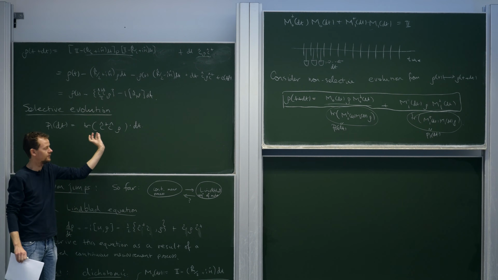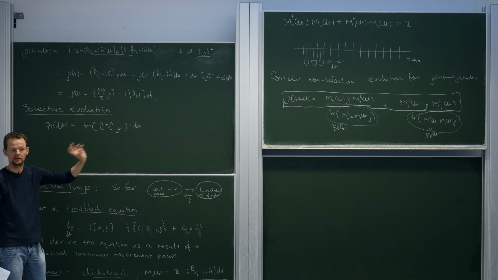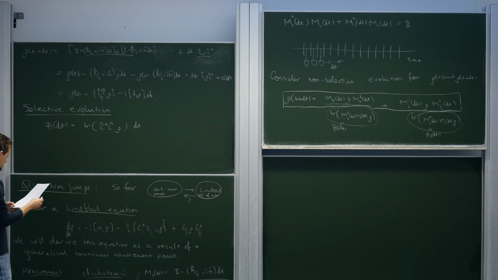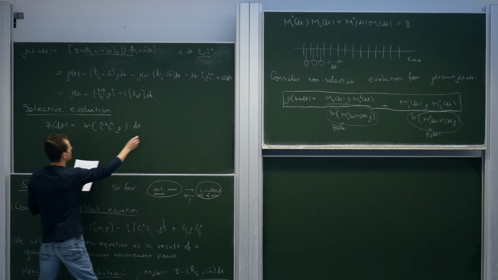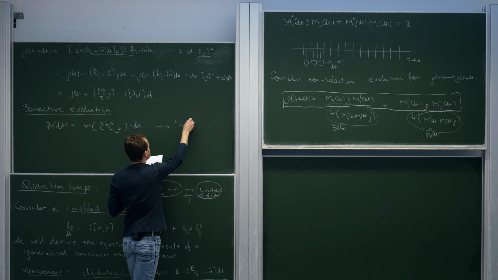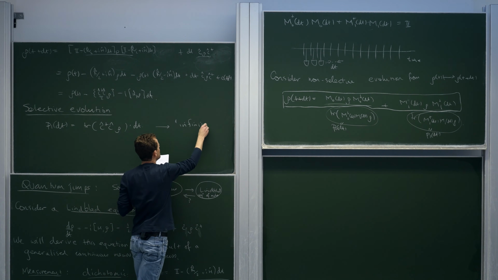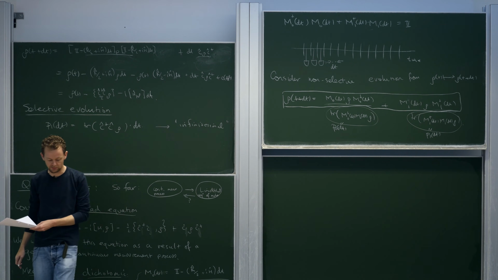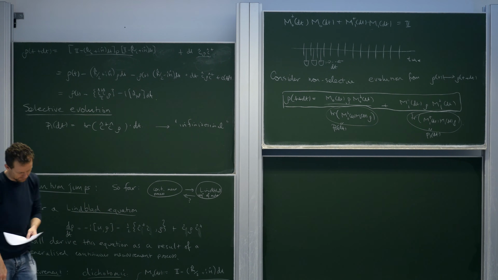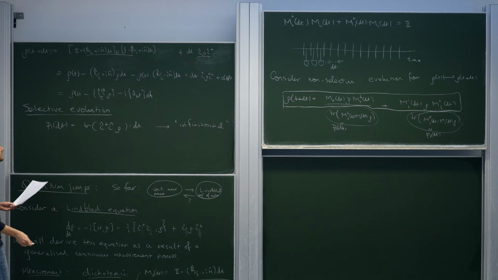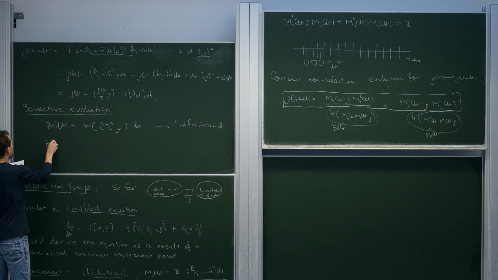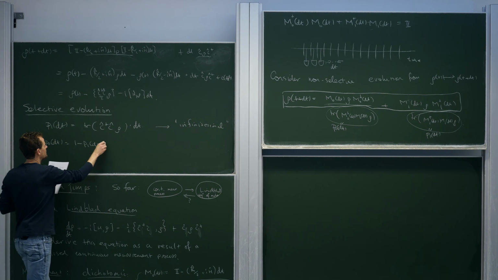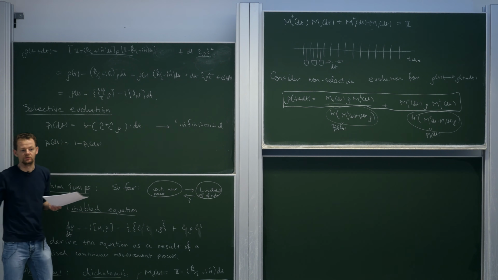So if you halve your measurement window, the probability of you getting a click gets halved, and so on. And I'm going to call that probability infinitesimal, in the sense that it's arbitrarily small yet finite. There's another probability that we care about as well, that's p naught. That's 1 minus p1 dt, and that's almost 1.